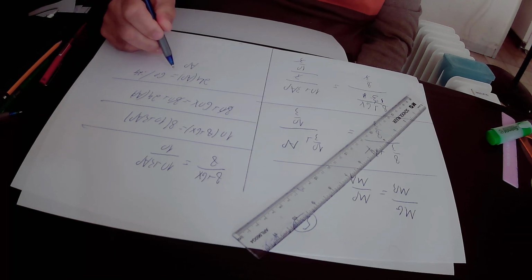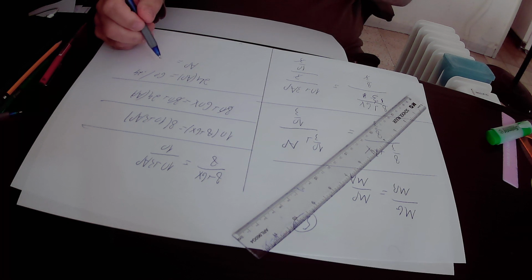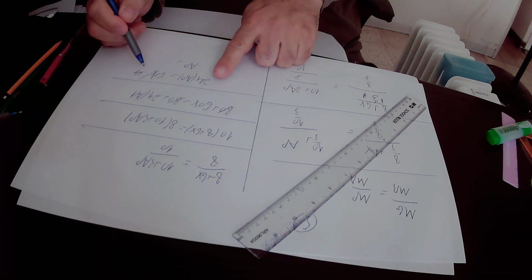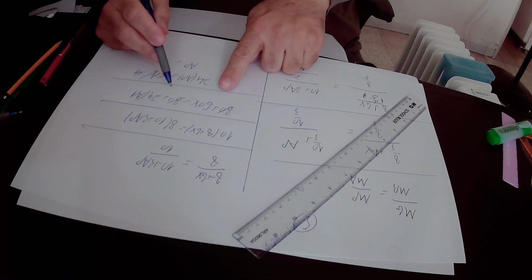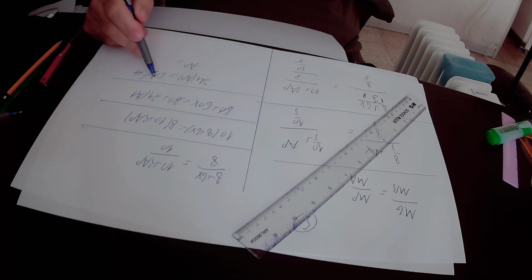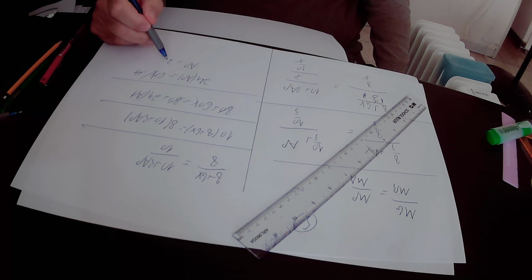AP equals 60x over 24. It's actually 60x, so we divide this equation by 24, and we get that 60x over 24 is 2.5x.